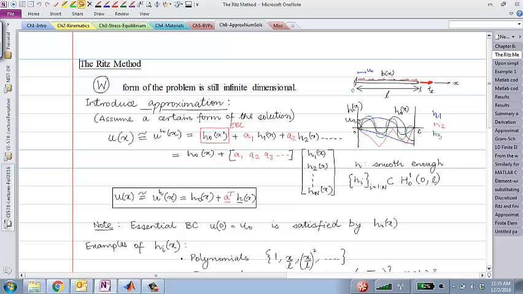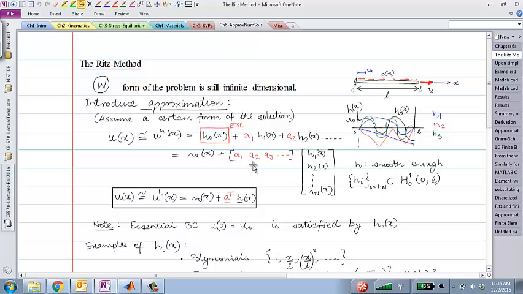So the way we constructed that was we picked one particular function called H0 that started at the correct value U0. If this left end has displacement U0, then that particular function is U0. That's the one that helps us satisfy the essential boundary condition. All the other functions, H1, H2, and so on up till Hn, they all start from 0. So when I add them together, the approximation for the real displacement will have the value U0 at x equal to 0.